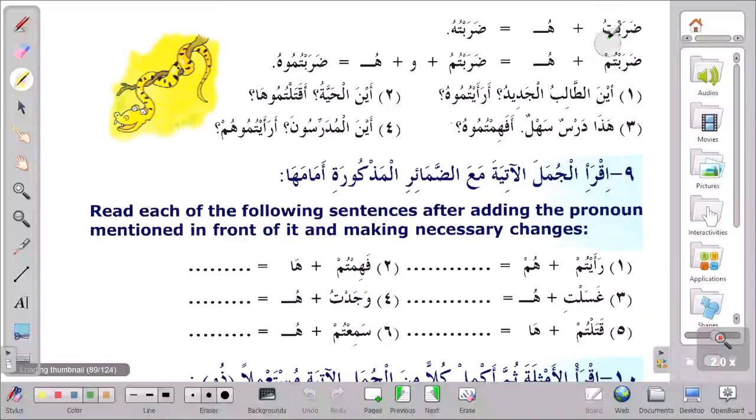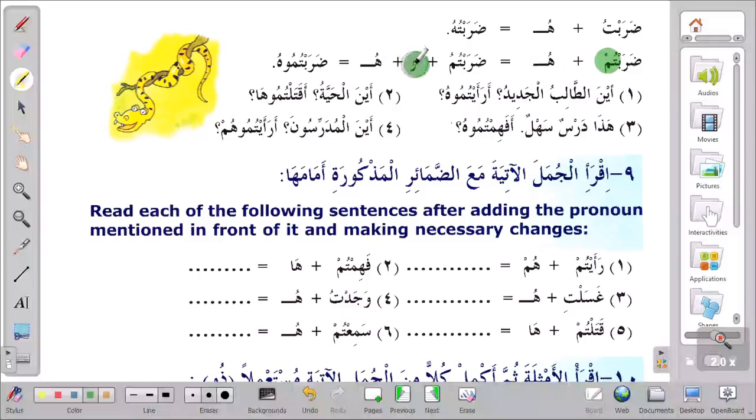And then we also have here, when the verb has the tum ending and you are attaching the pronoun. Antum, if I want to say you beat, plural, antum darabtum. But if I'm attaching a pronoun to the tum, you can't attach the pronoun directly like that. So in Arabic, they add wow. I hope that is clear.